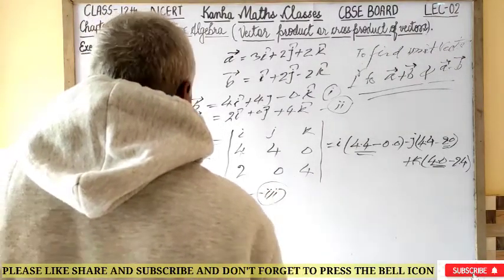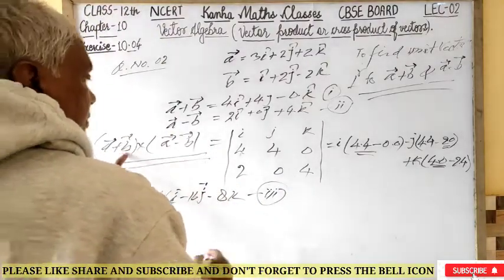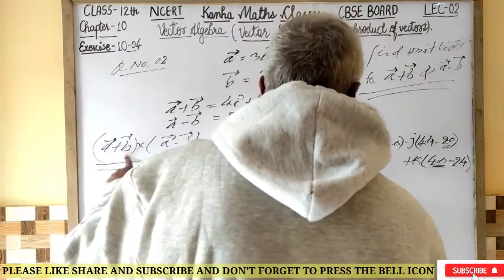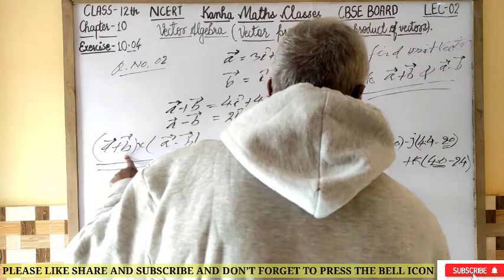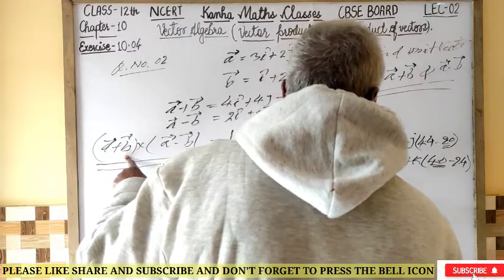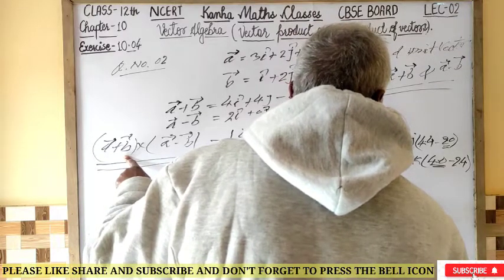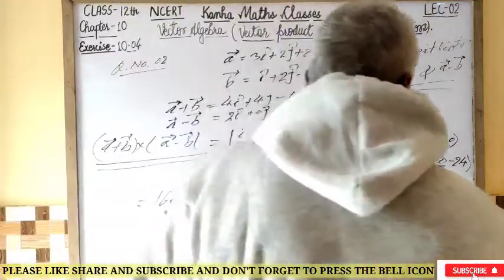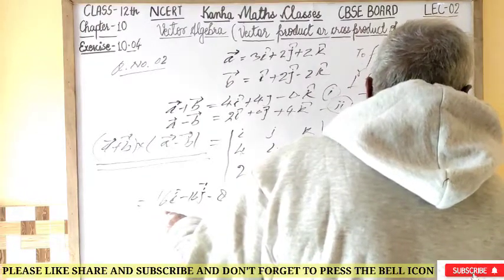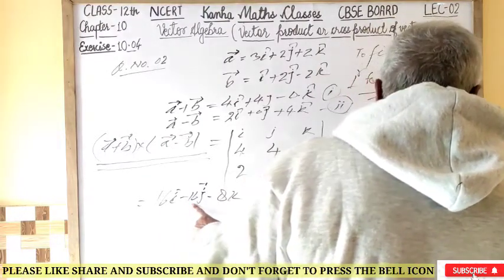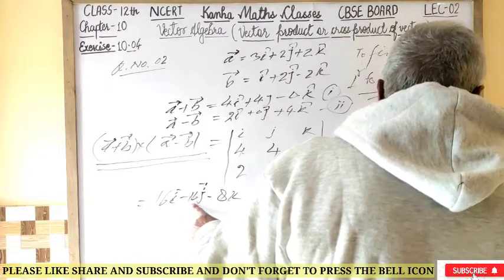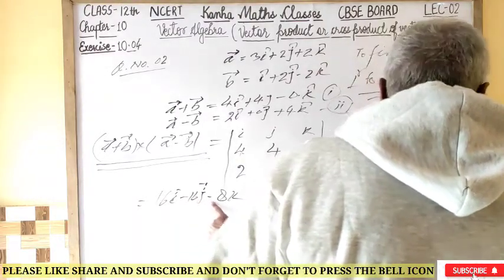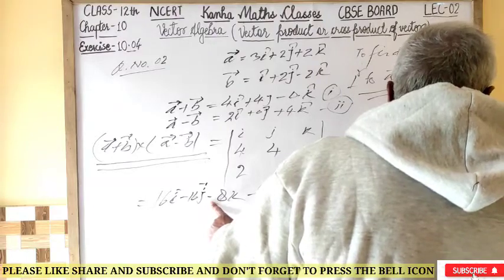Now the mod of this. Hence, the mod of vector a plus vector b cross vector a minus vector b is equal to the under root of 16 square plus minus 16 square plus minus 8 square.